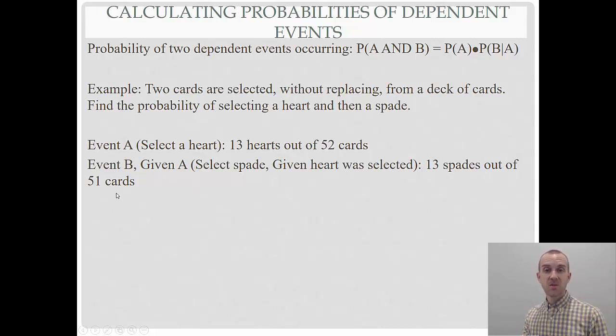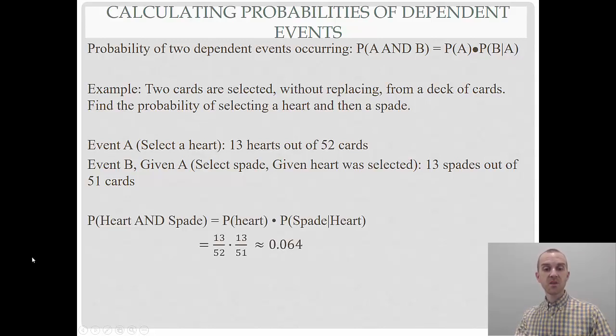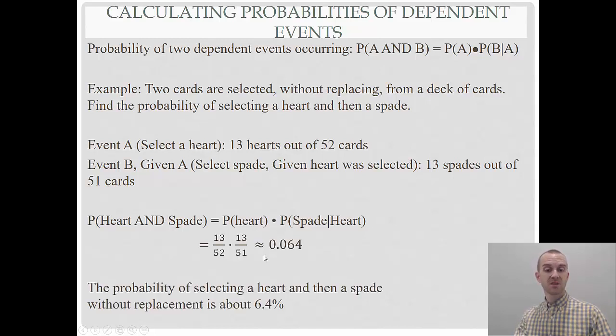That probability has shifted very slightly, but it has gone more in favor of pulling a spade now because there's one less heart there. Now I can take my two probabilities and multiply them together. So I can do 13/52 times 13/51, and that'll give me about 64 thousandths or 6.4%.